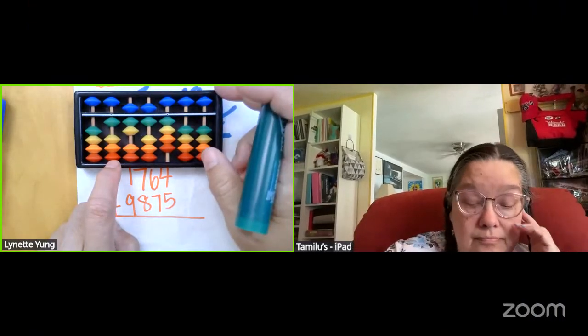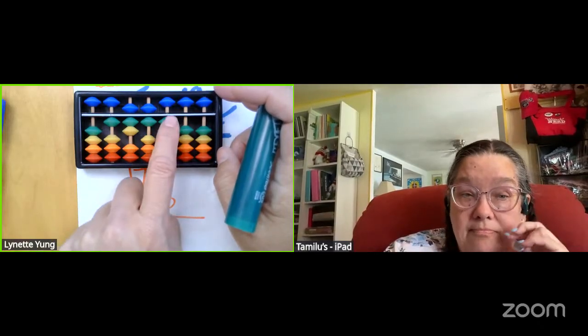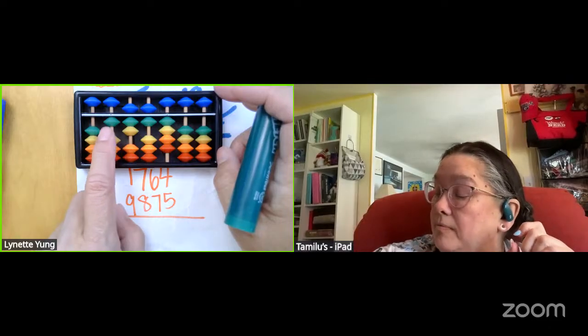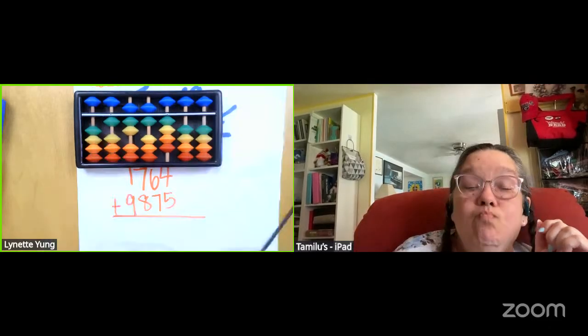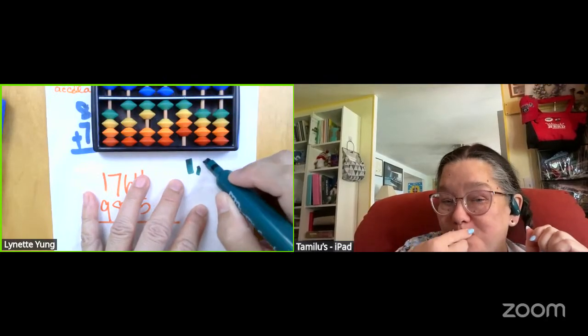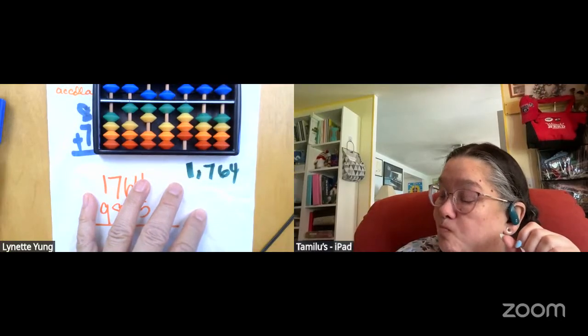On the abacus, this is where we have the dots, right? So if there's a dot here, this is where the thousands are, so then you would implement commas: 1,764. Have you been implementing commas?